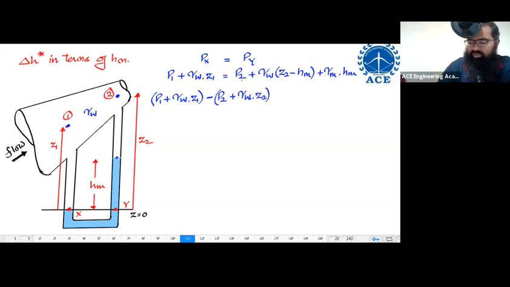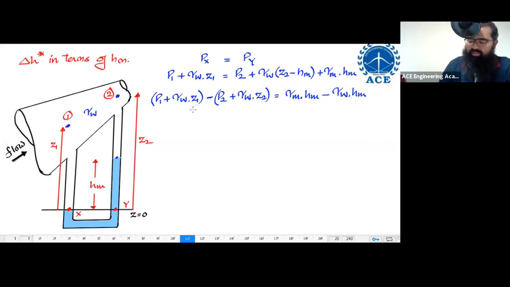Look over here, P2 plus gamma W Z2 I have taken on the left hand side. This has to be equal to gamma M into HM minus gamma W into HM. This is the value I'm having.